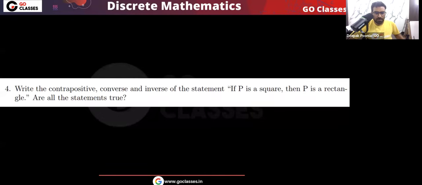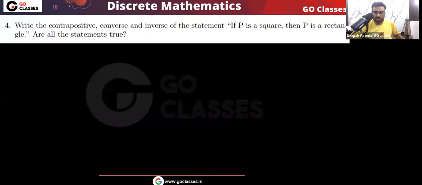Let's solve this question. Write the contrapositive, converse, inverse of the statement. If P is a square, then P is a rectangle. So let's see here.